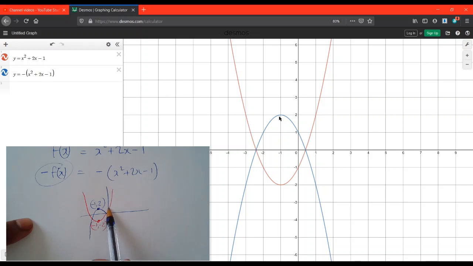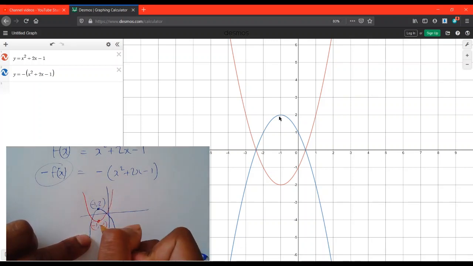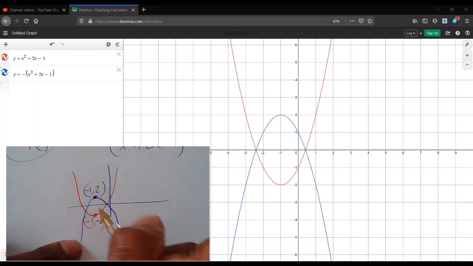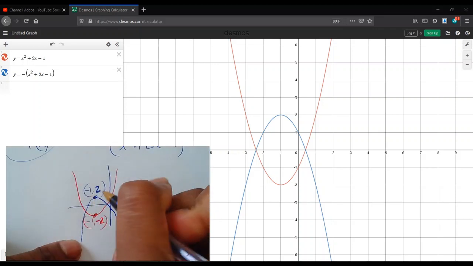You can see it's -1 along the corridor, -1 along the corridor. The only thing that's happened is that -2 there becomes a +2.